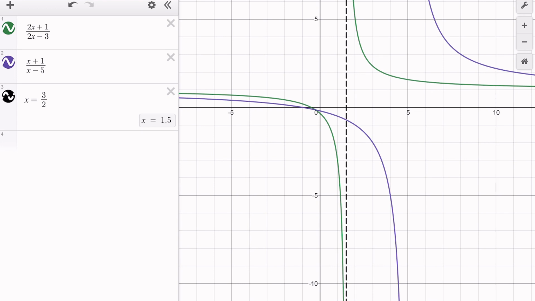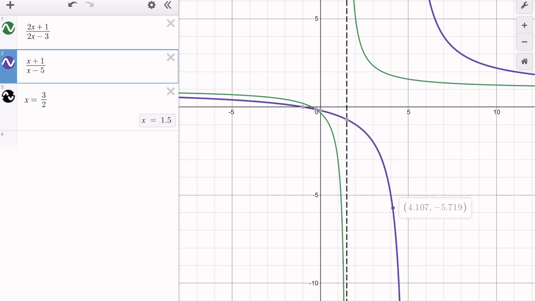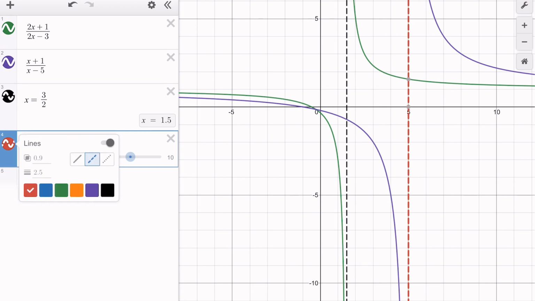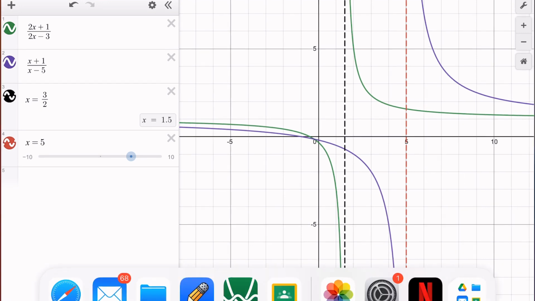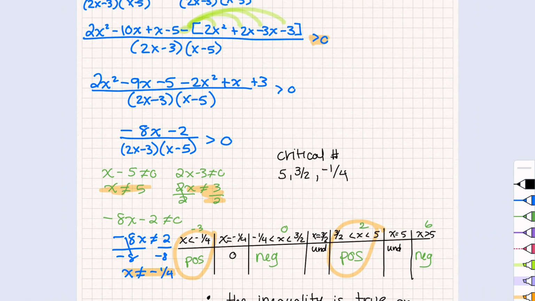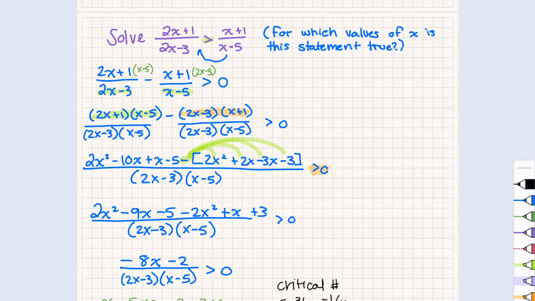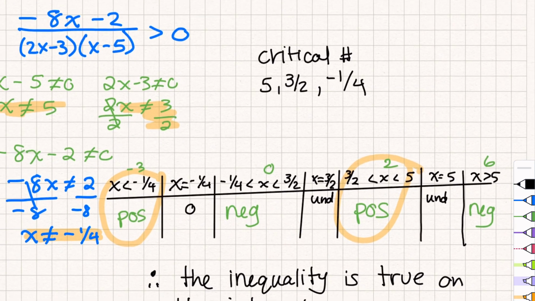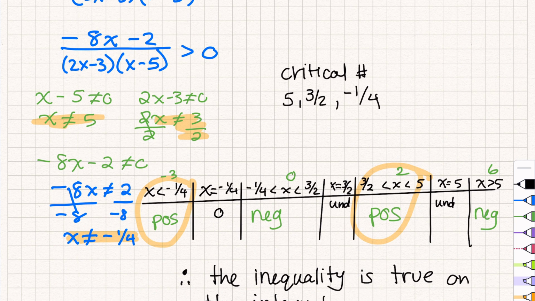And then what happens at 5? Well, notice we have an asymptote at 5. So I'll put my asymptote here. Okay, so this is the inequality. So when you're solving algebraically, you're going to solve and find the values of x for your critical numbers, and then you're going to use your chart to check when it's positive or negative depending on the statement, whether the statement is asking when it's greater than or when it's less than.